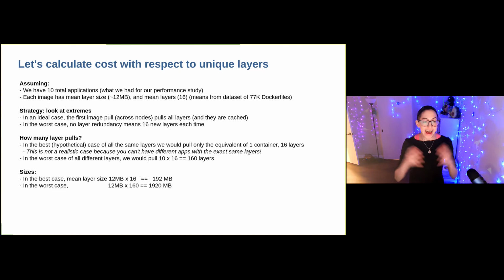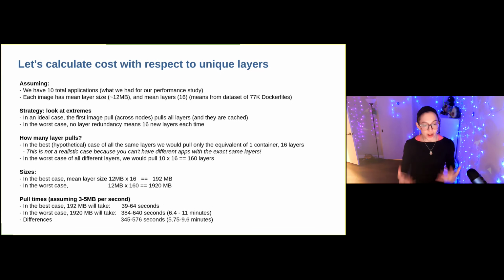So how much stuff is that? In the best case, under these hypothetical scenarios and assumptions, we'd be pulling 192 MBs. In the worst case, add a 0, so 1,920 MBs. Now, what does that mean for pulling time?